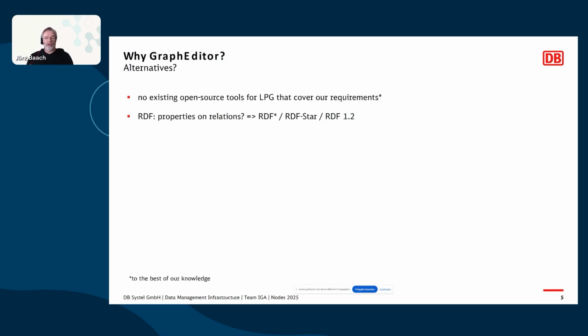And we just couldn't find anything for the RDF world which would work on the whole of the graph in a sufficient way. The other thing is, in the way we model, we have lots of data on the relationships, and only RDF-star really supports that. Pierre pointed that out in his talk a short while ago.